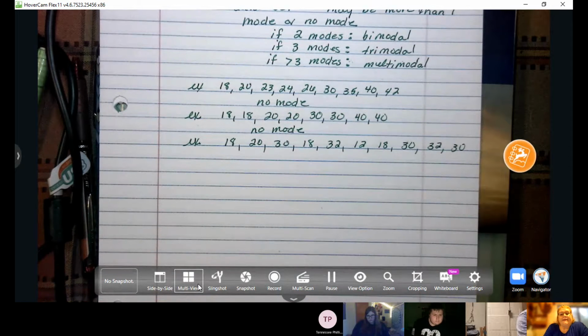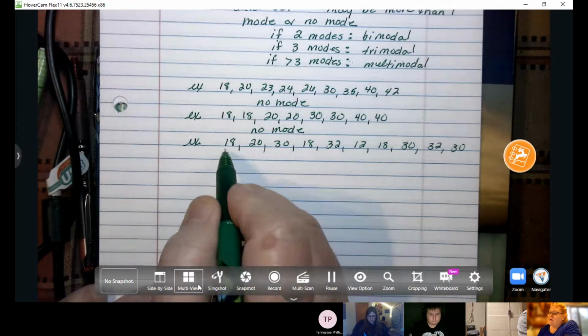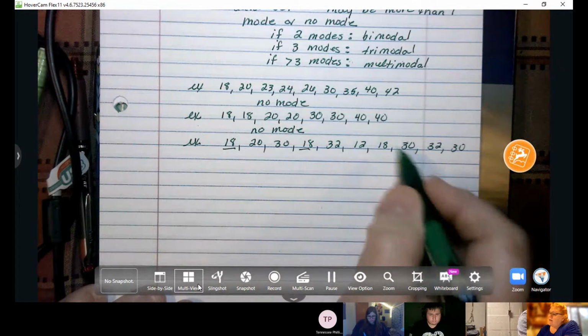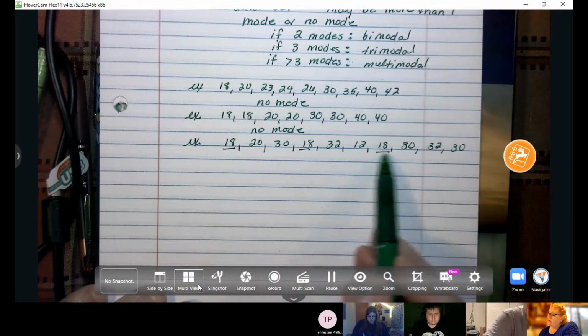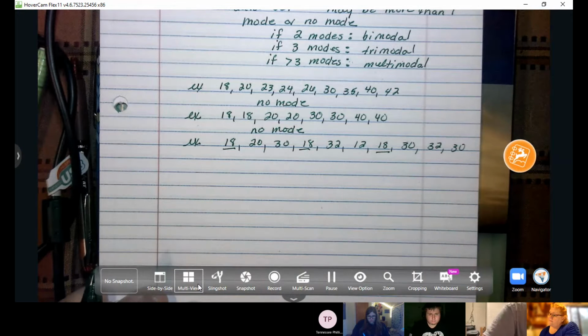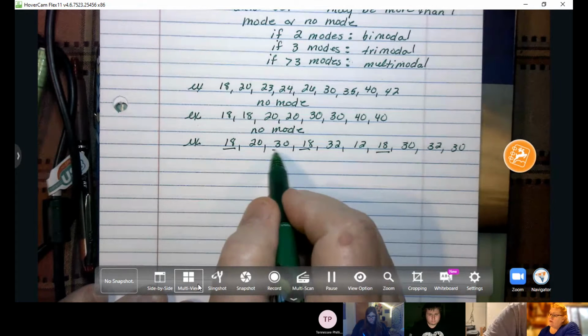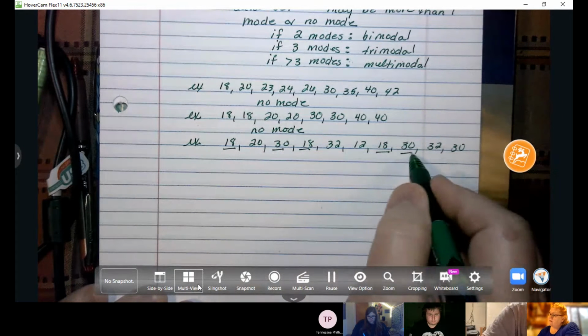What about this set of data? We have items that occur more often than others. We have 18 that occurs 3 times. 20 only occurred once. 30 occurred more often.